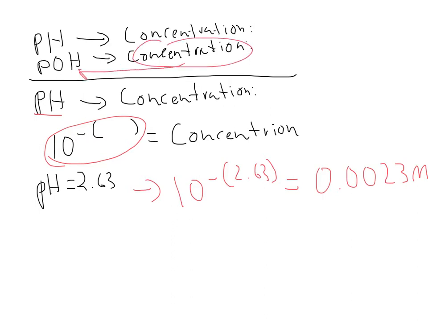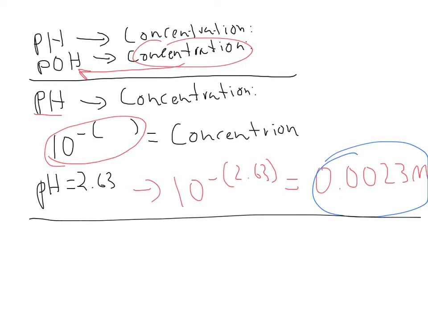Now, using the same numbers, I'm going to try to solve for the pH. So say we weren't given this pH value, and we were only given 0.0023, and you were asked to solve, what is the pH for that? If I were you, I'd say pause this and try to solve it for yourself, or just follow along. So let's say the concentration given is 0.0023 molarity, and it asks for the pH.